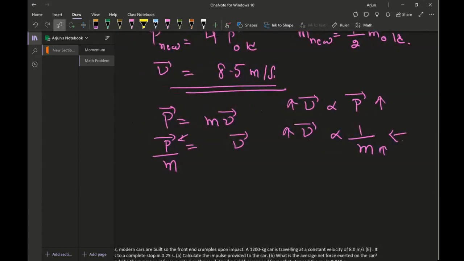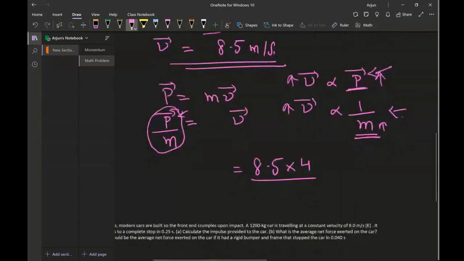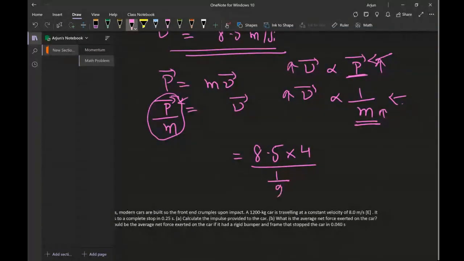Now, I just need to plug in the values. So I will write down 8.5. Momentum is on top, directly proportional, so multiply it by 4. And mass is on the bottom, and this is 1/2. I'll replace the m with it.